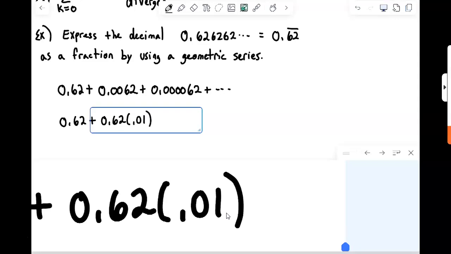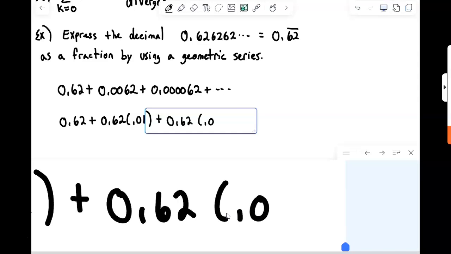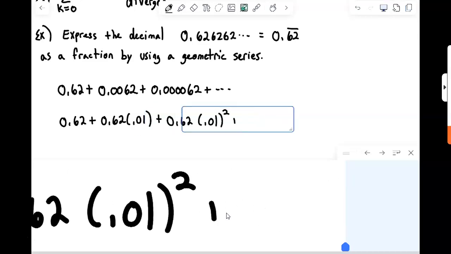Either way, divide by 100 or multiply by 1/100th. And then moving it 2 more places would be to divide by 100 a second time, or again, multiply by 1/100th twice. And so on and so on.